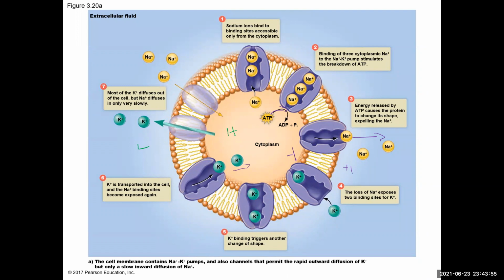And sodium is high on the outside and low on the inside, so it wants to move down its concentration gradient. So there are passive protein channels that allow that to happen, but this diffusion is fairly slow. Right? So it's fairly slow compared to the movement of these ions via the sodium potassium pump.